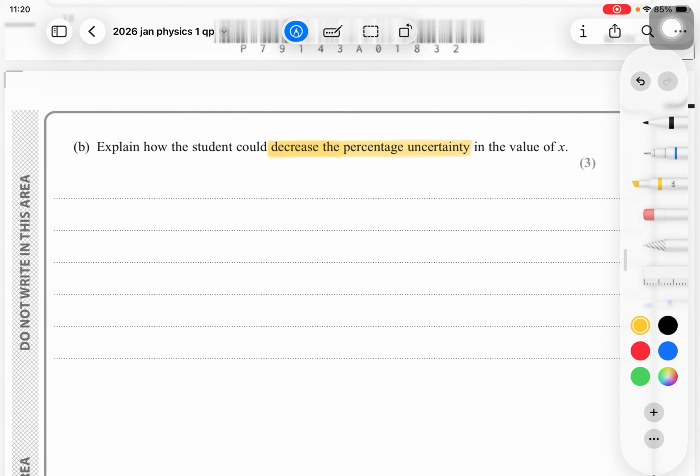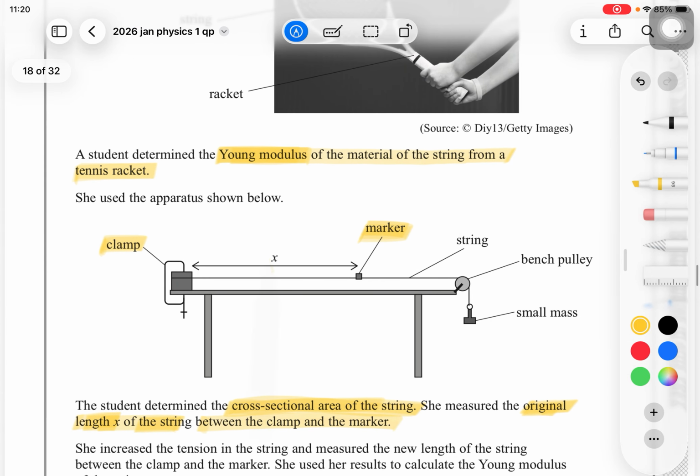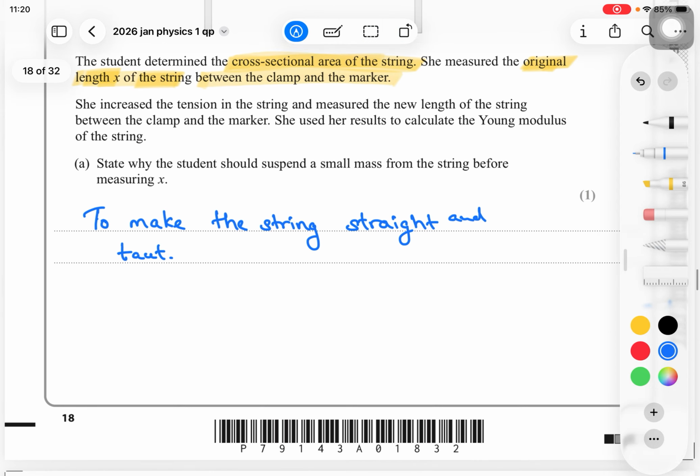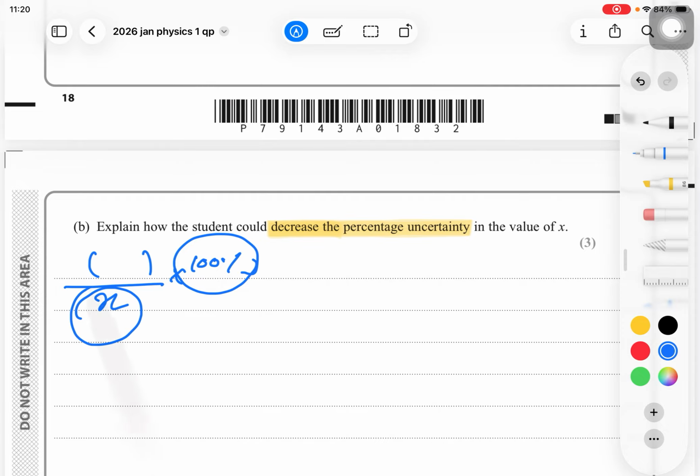One would be the original length, because we can just increase this x. We know the accuracy divided by length times 100% gives the percentage uncertainty, so a bigger length gives a smaller percentage uncertainty.